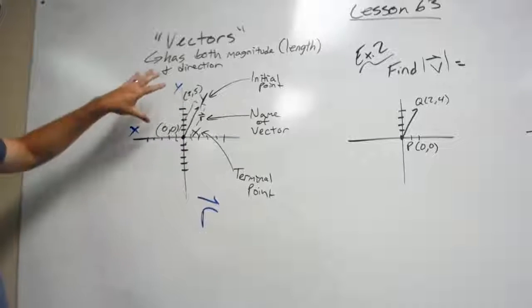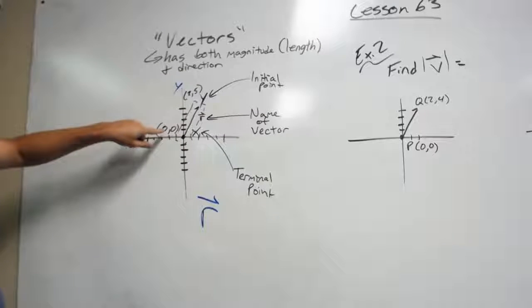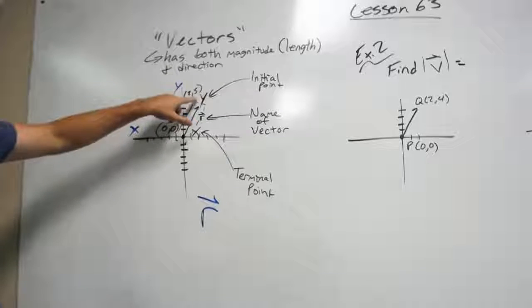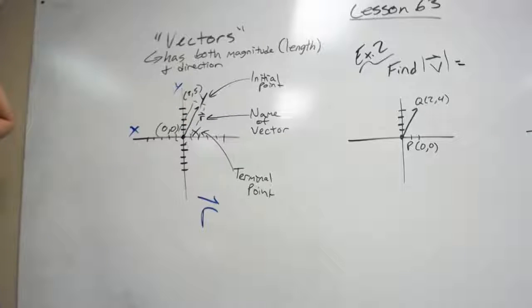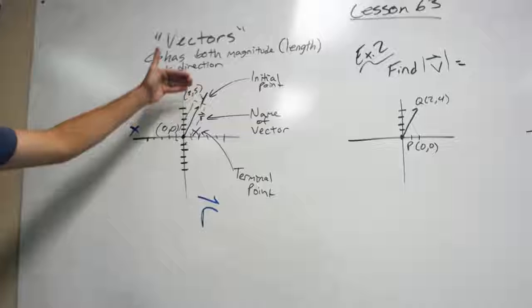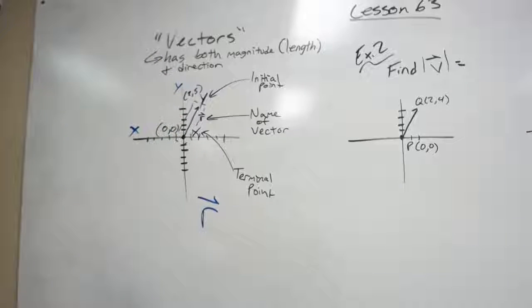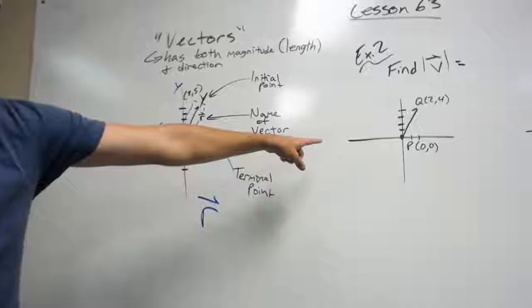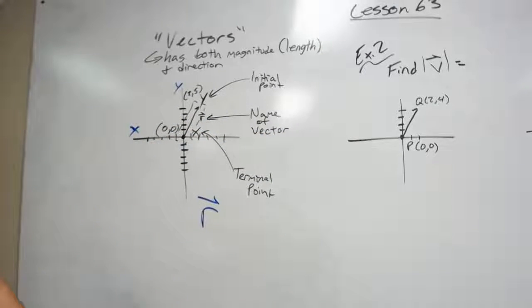And now, once we do that, we can see that we have coordinates of 0, 0 and 2, 5. And then we can actually find the length of vector R. And that's what we're going to do in example 2. We're going to find the length of vector V.